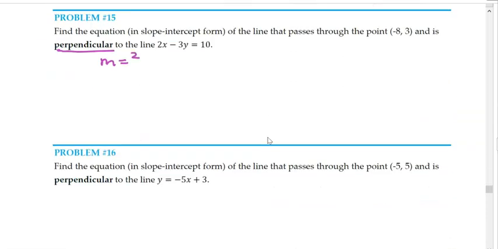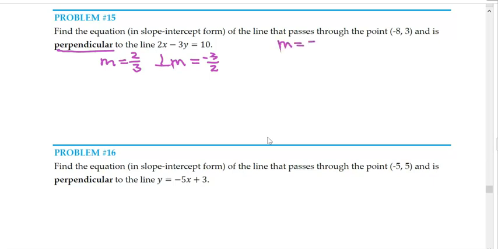This is the little sign for perpendicular, so I'm just going to put perpendicular slope is going to be, let's flip it and change the sign, so negative 3/2. So that's what we want to use in our equation.